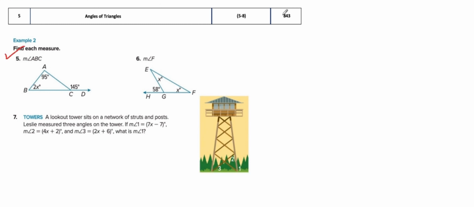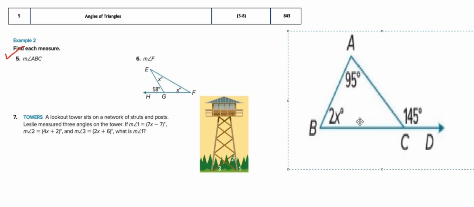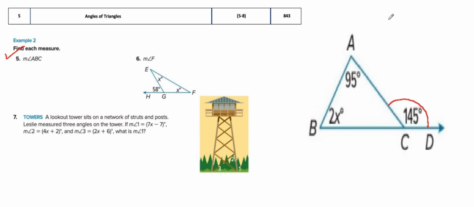Here you will use the property of exterior angle. So the exterior angle property is, this angle 145, which is ACD, the exterior angle is equal to the sum of the opposite interior angles. You will not include this interior angle, don't include this.